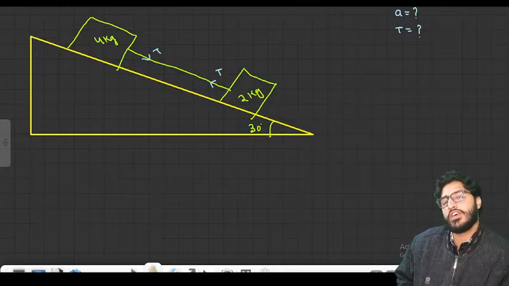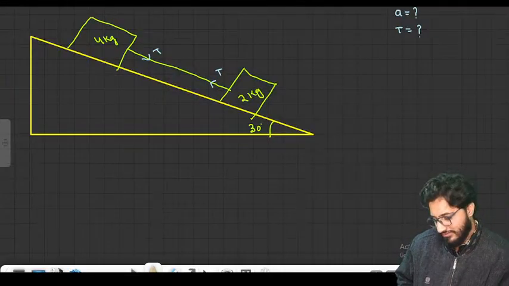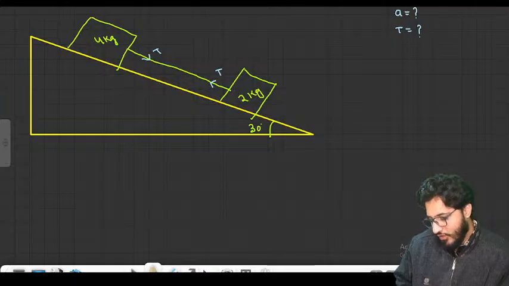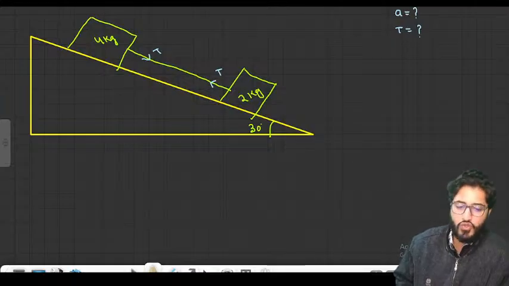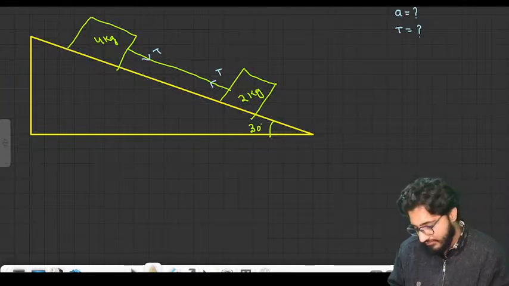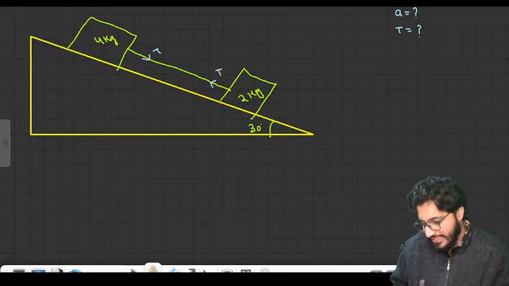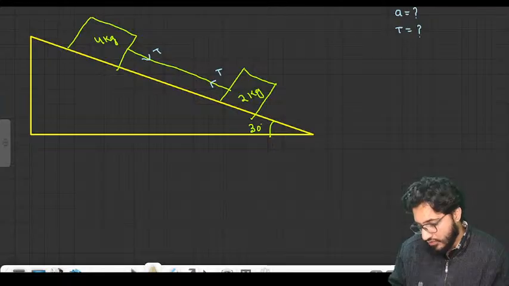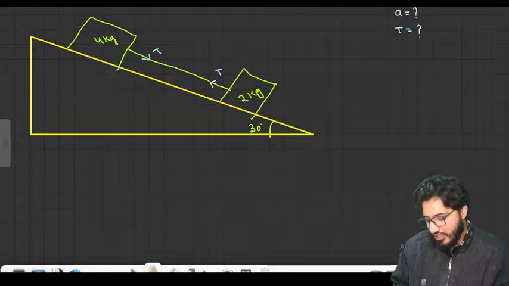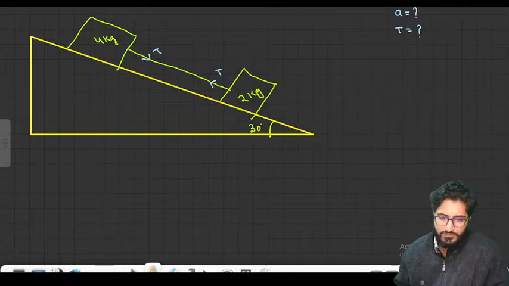If there is no force, there will be no tension. Acceleration is 5 meter per second square. So you got acceleration as 5. That is great. Which one? Is this acceleration for 4 or for 2? Or for both? Done?